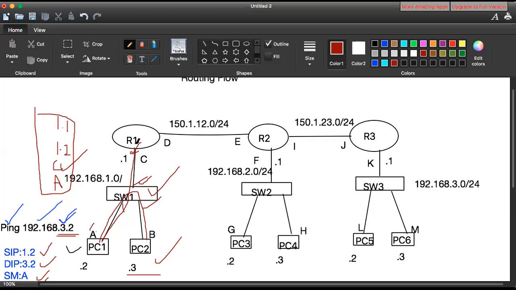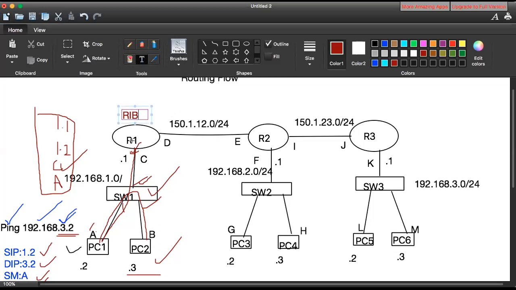In order to verify that, R1 is going to check the RIB table, the routing information base, or you can say the IP routing table, right? So if R1 finds the 3.2 or maybe the 3.0 network in its routing table, it is going to forward it to the respective next hop.